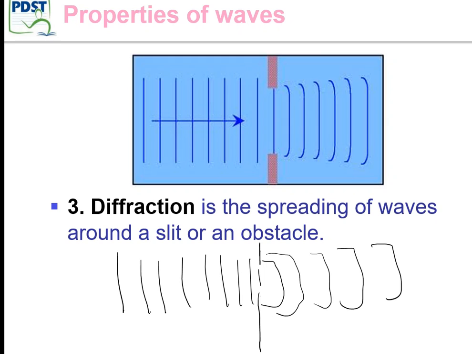This type of situation is known as diffraction of a wave. So diffraction is just the spreading of waves around a slit or an obstacle. That's what diffraction is about. So that's a property of a wave.